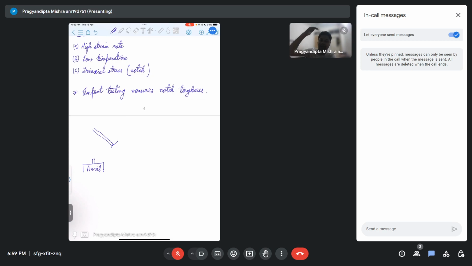I use a pendulum to hit this sample from some height, let's say h1. This is the notch sample, this is my pendulum, and this part is the hammer.